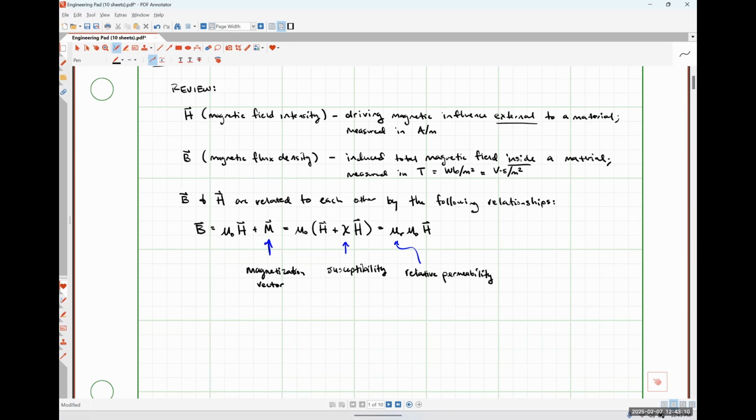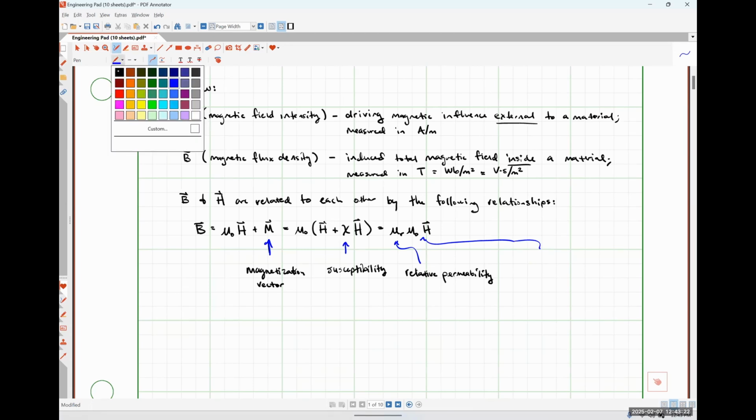It is a material related quantity. And then mu naught is a constant. So this is the permeability of free space.